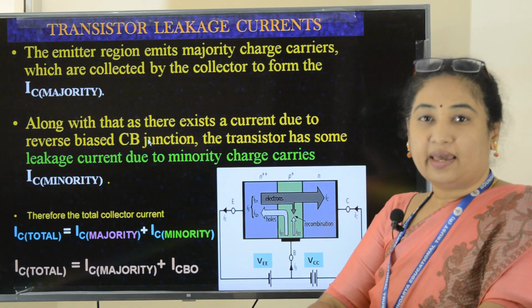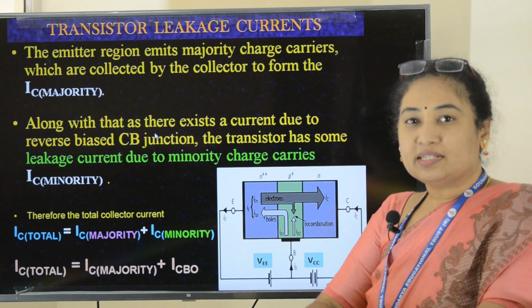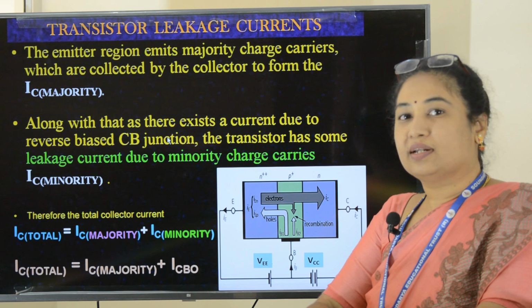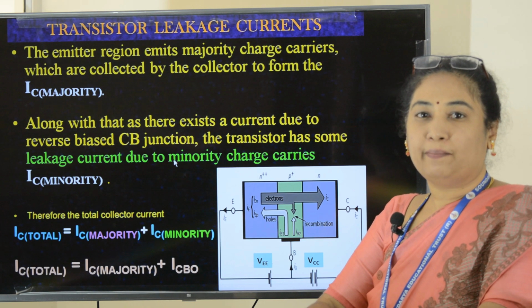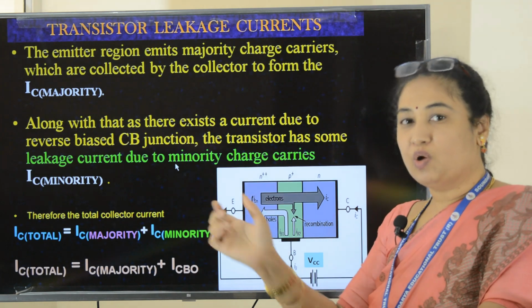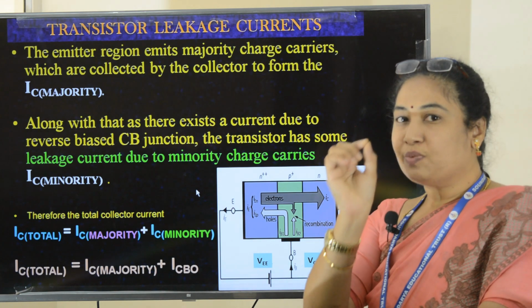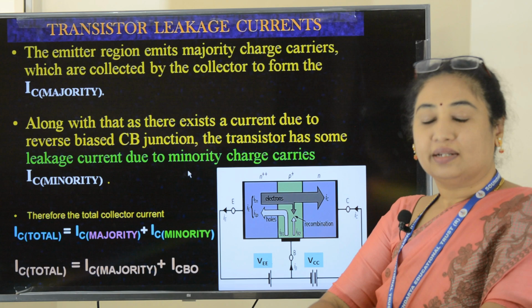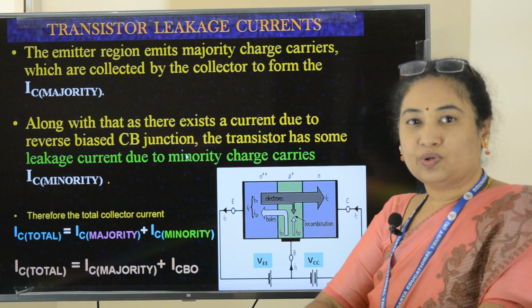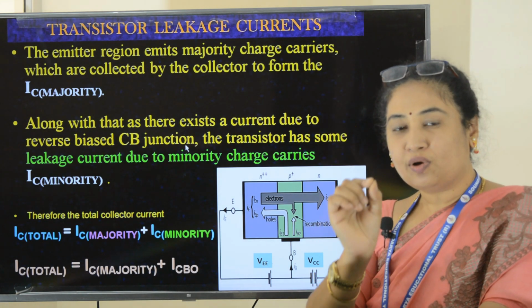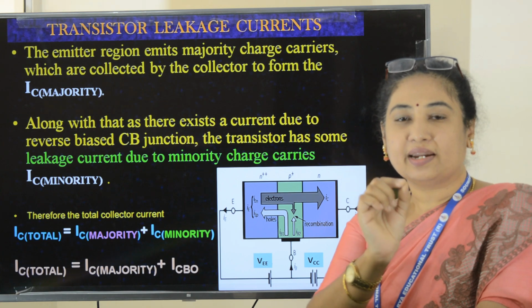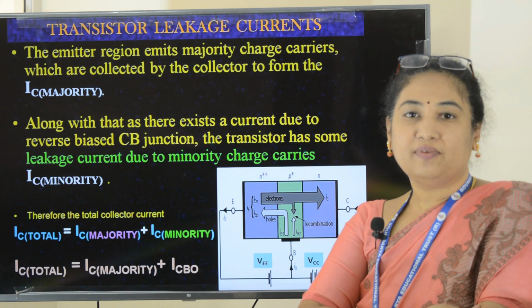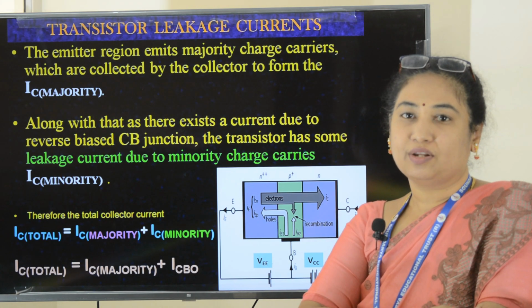Along with that, there exists a reverse leakage current because of the reverse bias that we apply onto the output circuit. There is a small current, and that current is called the leakage current or reverse saturation current. That also results in a small current at the collector section and we name it IC minority.